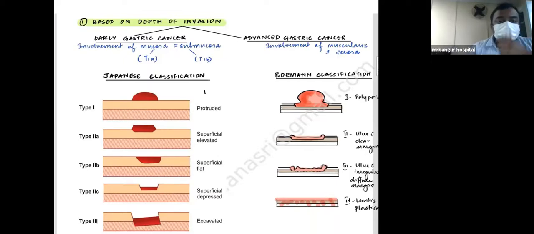In the description of early gastric cancer, we can take the help of the Japanese classification, where type 1 is considered the protruded one, type 2A, type 2B, and type 2C are respectively superficially elevated, superficially flat, and superficially depressed, whereas the excavated one is type 3.